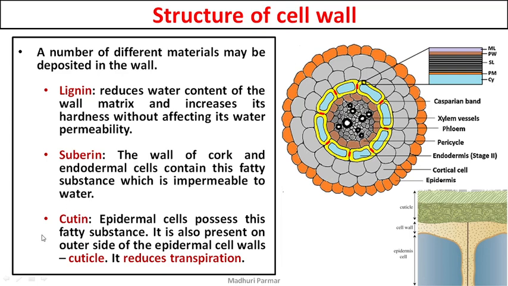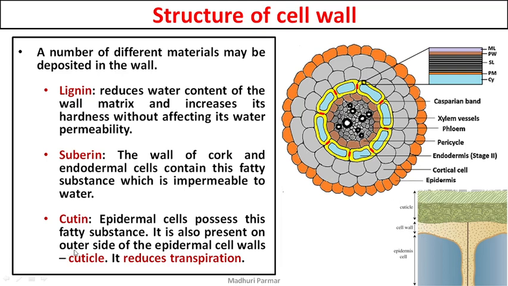Then you have the third deposition, which could be of cutin. Cutin is again some sort of fatty substance which is present in epidermal cells, the outside cells. That too in leaves, you can see them outside as well. There will be deposition in the cell wall, and also deposition outside. So you will see the deposition of cutin in the cell wall as well as outside the cell wall.